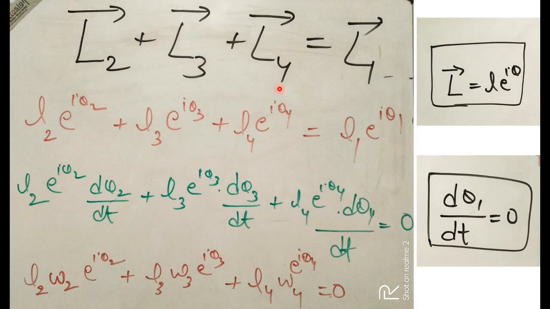Next, you see this expression. A vector can be written in terms of an exponential function such that a vector L is, generally, vector L equal to the magnitude of the vector L, small l, into e raised to i theta.